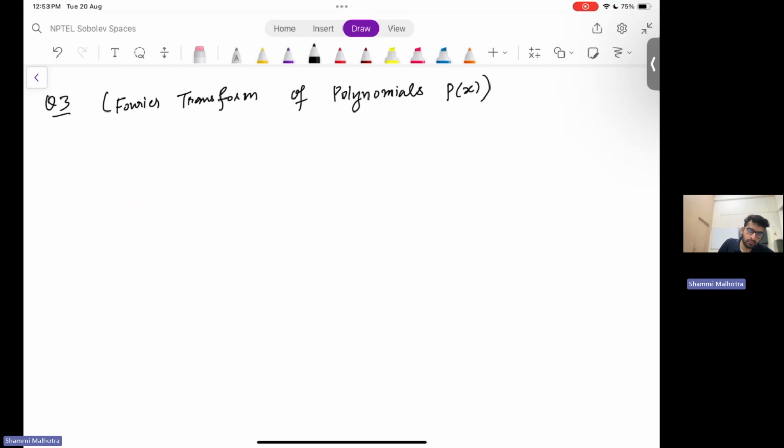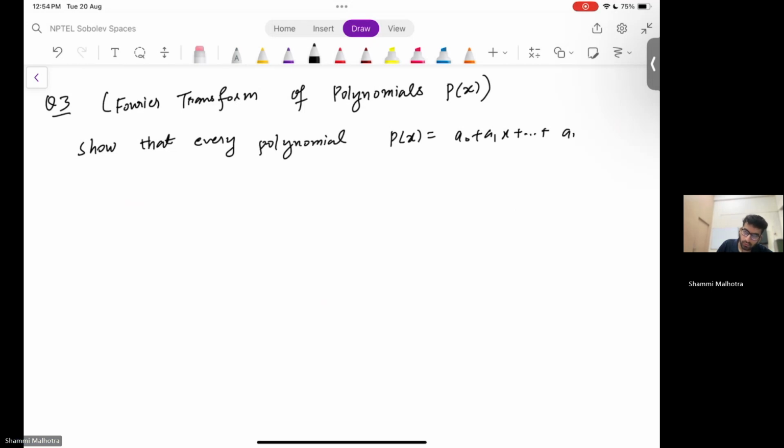So show that every polynomial p(x) equal to a0 plus a1x plus ... plus anx^n with real coefficients defines a tempered distribution.